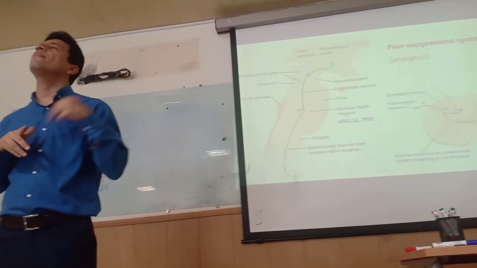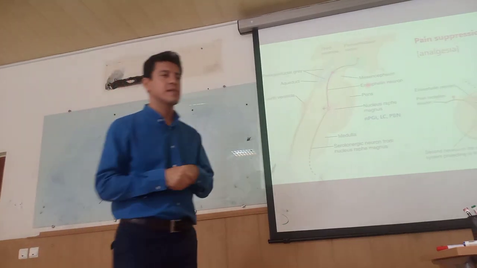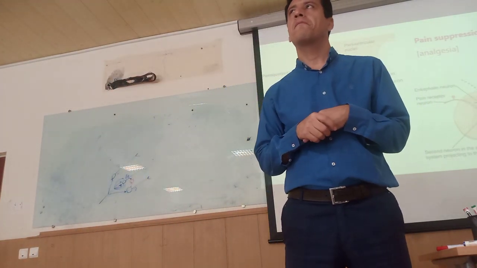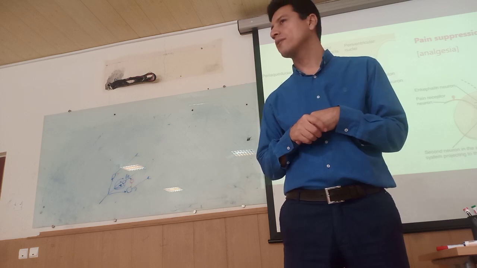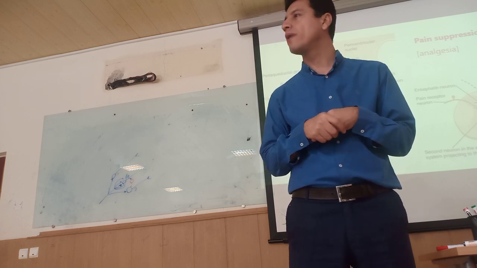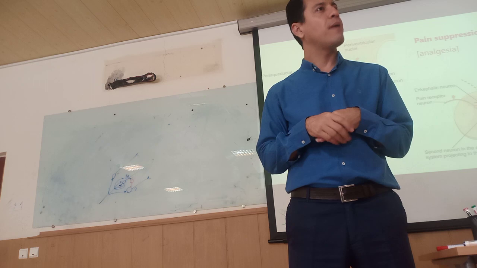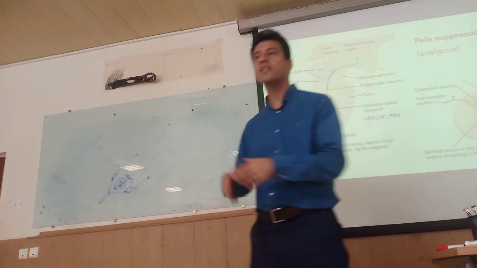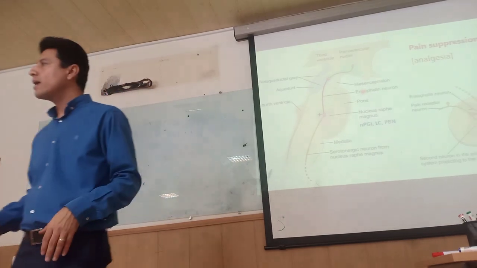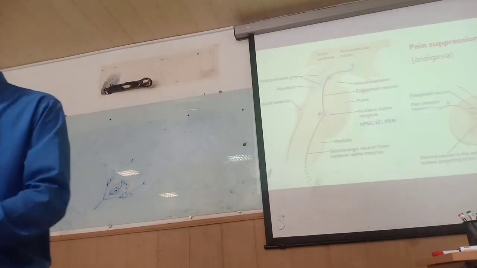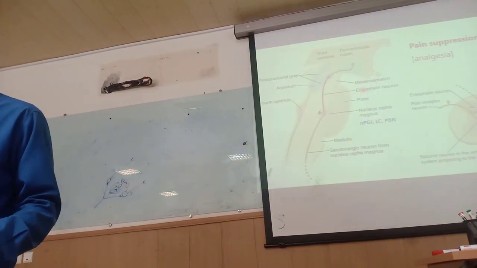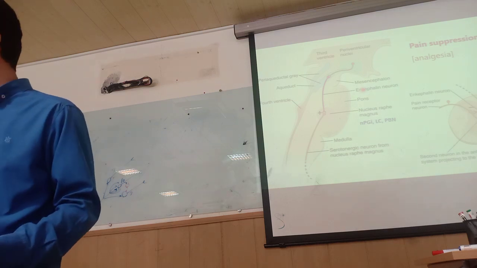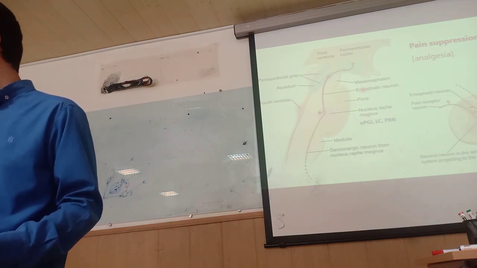Okay? So when this happens, for example, maybe you have heard of occasions where a football player is playing in the field, during the match, and he may break his leg, right? But he doesn't feel so much pain. Okay?